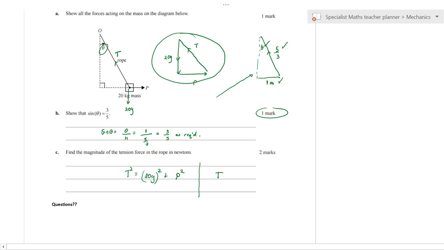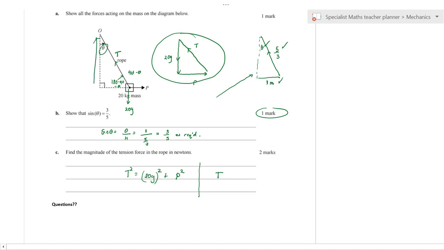If that's theta, that's 90. So 90 plus theta, that's 180 minus 90 minus theta, which is that angle there. Or we could just simply find that component of that. So we want to find this force here.